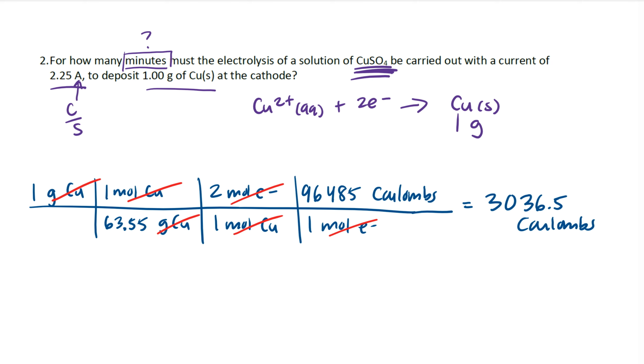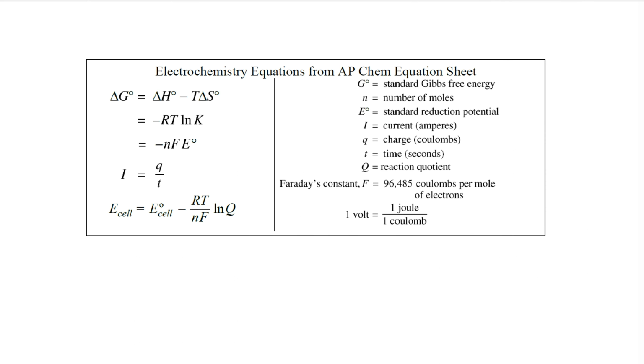And now I'm going to calculate the amount of time. Looking at your equation sheet, you can see that this equation is I equals Q over T. I is your current in amps, Q is the charge, and T is time in seconds. So I is really amps.